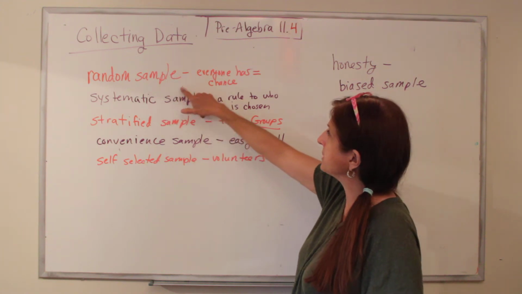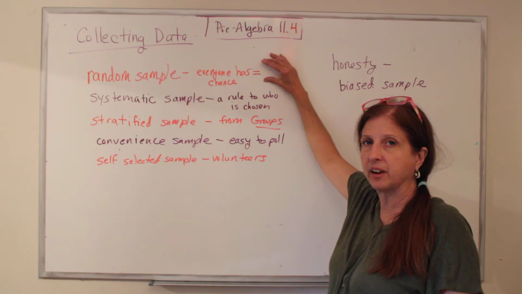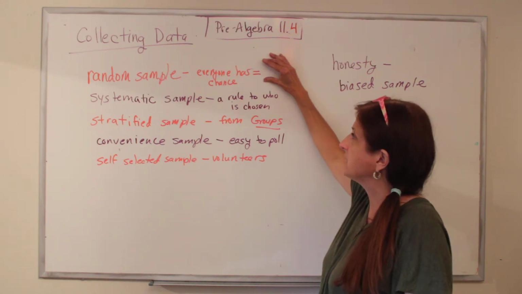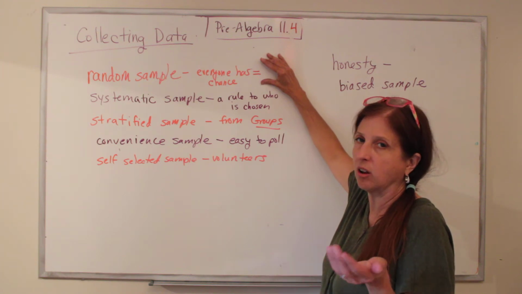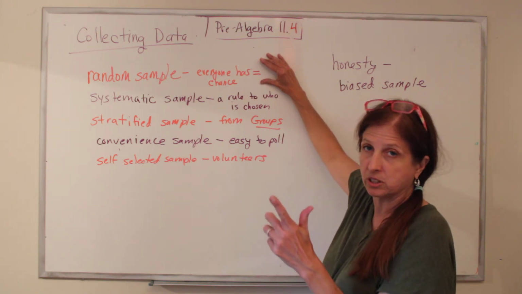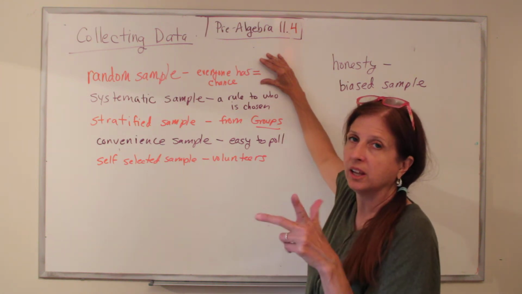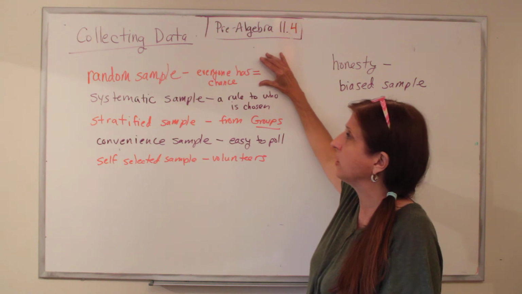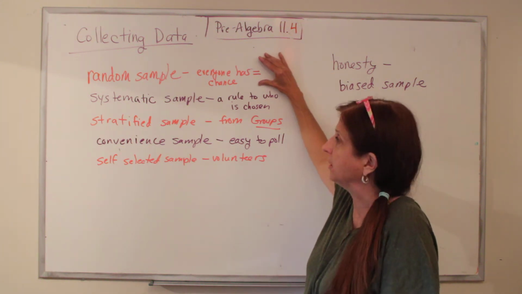If it's a random sample, everyone has an equal chance of having their opinion polled. That's really hard to do, because even if you call people on the phone, you get the people who answer, people who have phones, people who have cell phone coverage, so it's really hard to get a truly random sample.